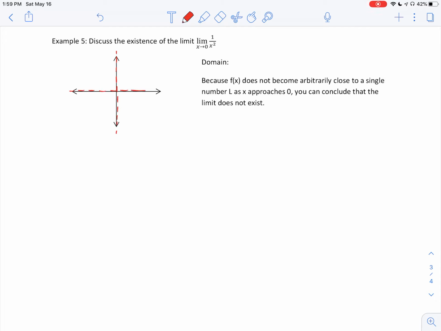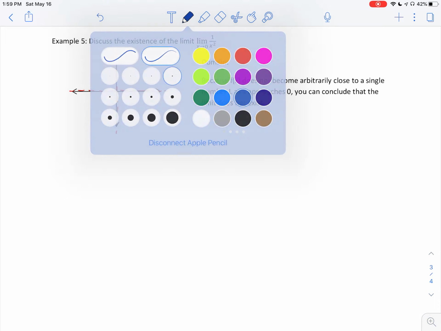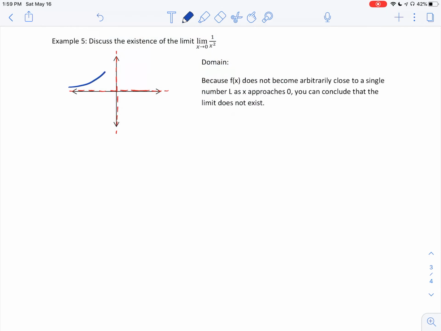This is just a rational function with its vertical asymptote at x equals 0 and its horizontal asymptote at y equals 0. And it just has these two different branches in your first and second quadrants, and it looks something like that. Okay, and of course the domain excludes x equals 0 because that would give us a 0 in the denominator.